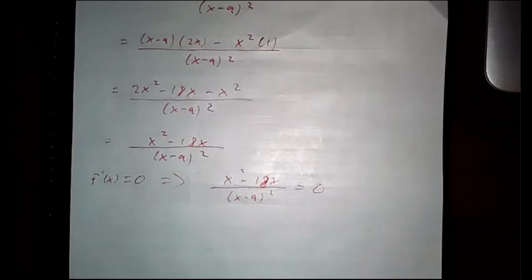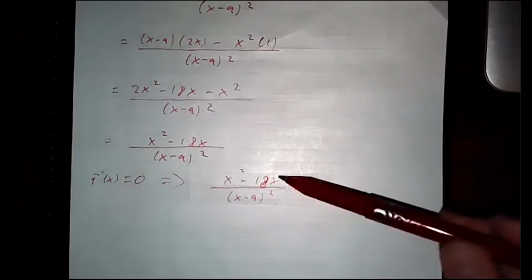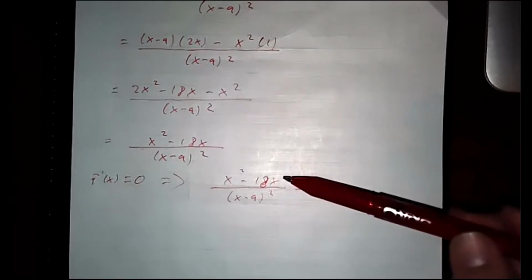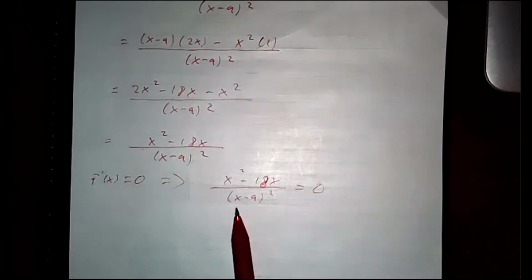Critical numbers happen, we said, when this is equal to 0, but also when you have division by 0. So we set the top part to 0 and then the denominator as well. But you can already see what makes the bottom 0, right? Plus 9.